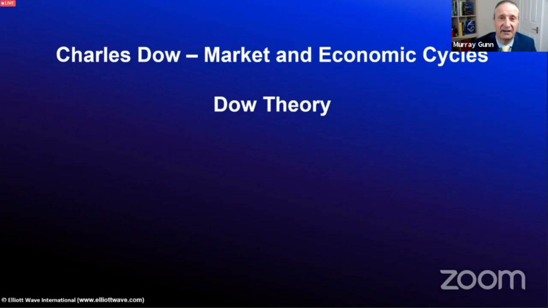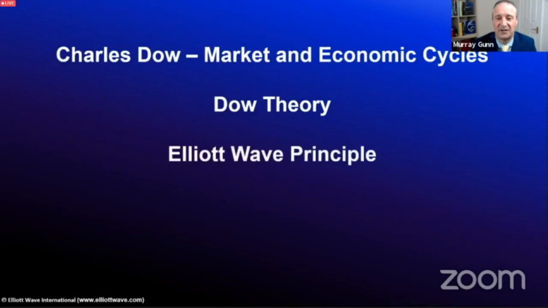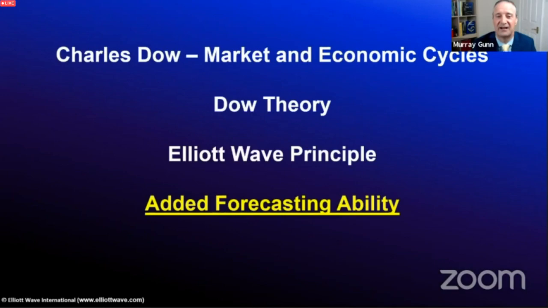When Elliott made his discoveries about the market in the Elliott wave principle, he realized that this added a forecasting ability to Dow theory, and gave it a whole lot of extra things as well, and it's unique in its own perspective. It's this forecasting ability which allows us to look at the markets and anticipate what might happen next, which makes it distinctive from a lot of other forms of technical analysis.